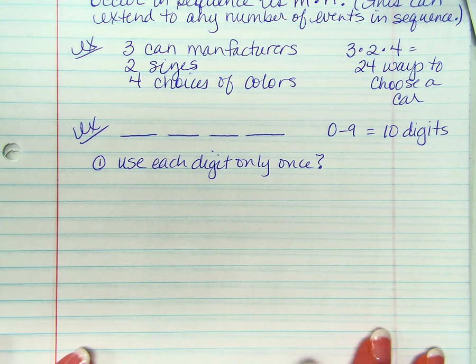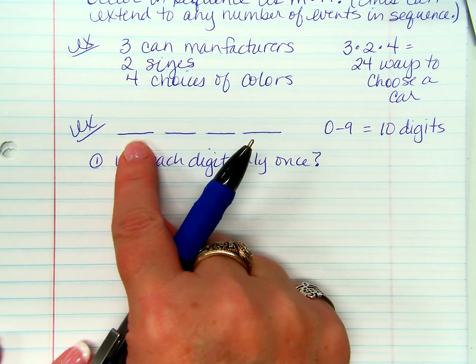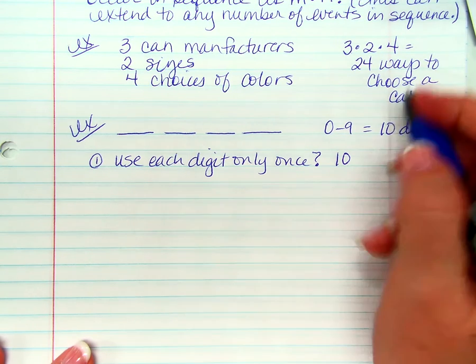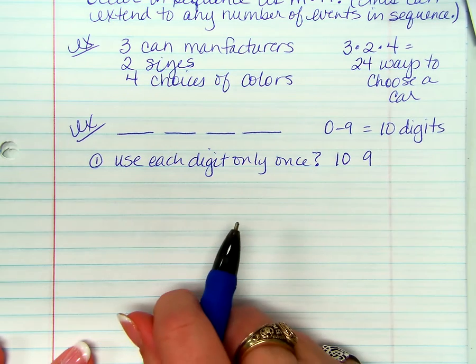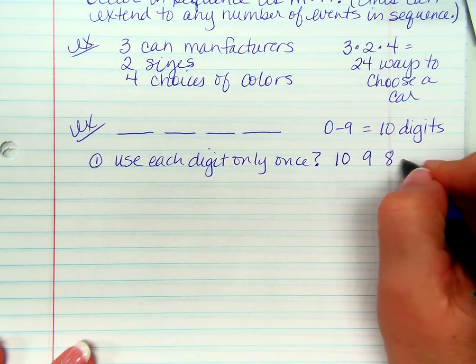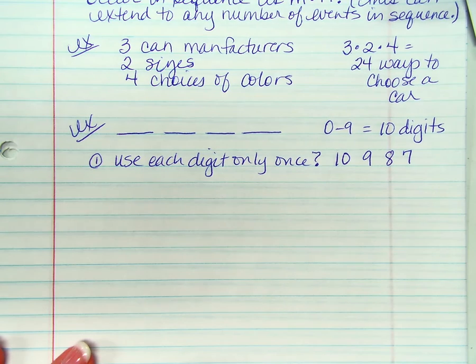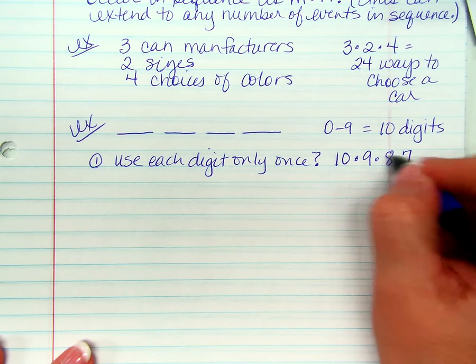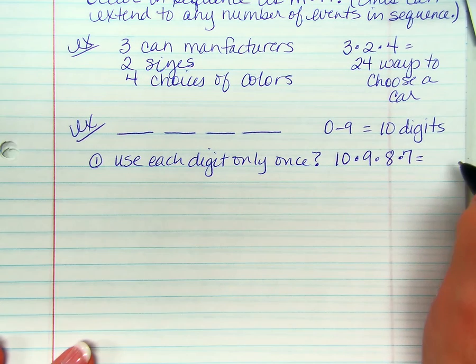How many possible choices do I have for the first digit? 10. How many do I have for the second digit? 9, 8, and 7, right? And what do I do with those numbers? I multiply them, right? That's what the fundamental counting principle says. 10 times 9 times 8 times 7 equals what?